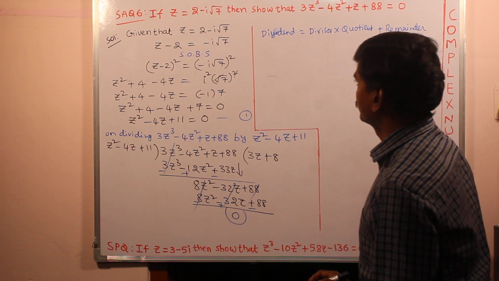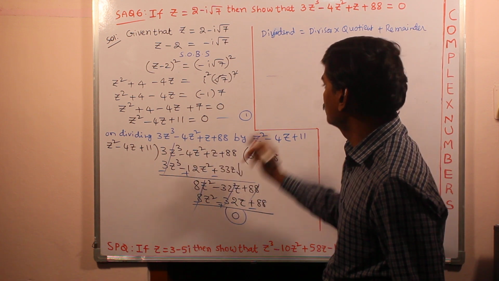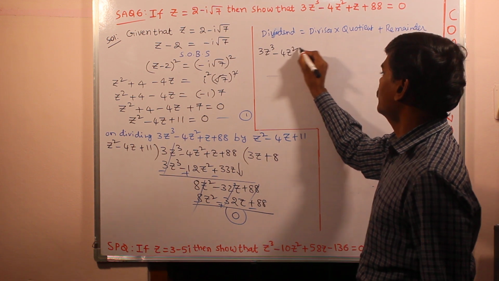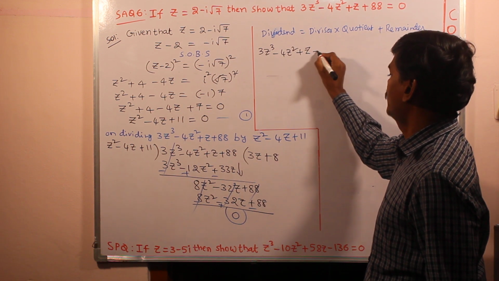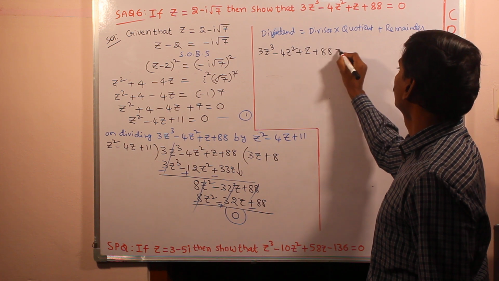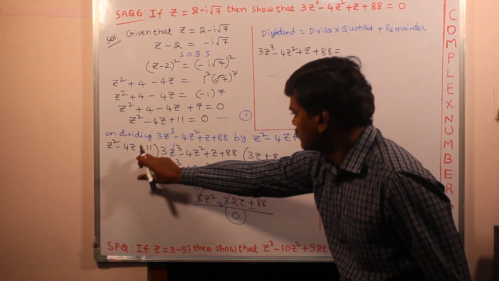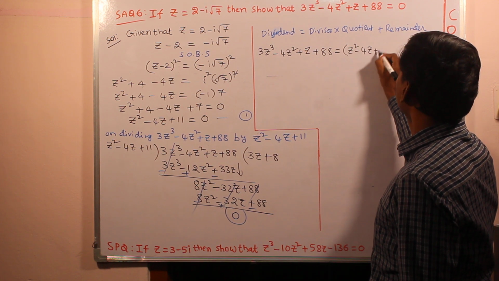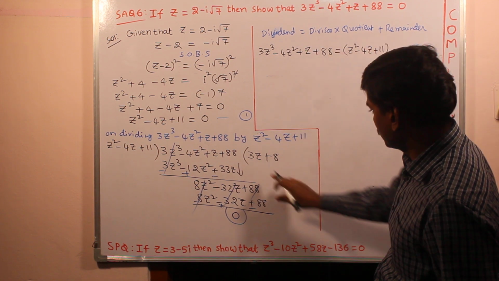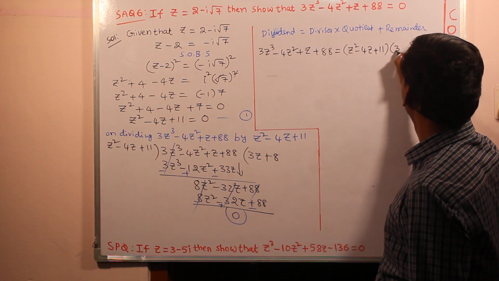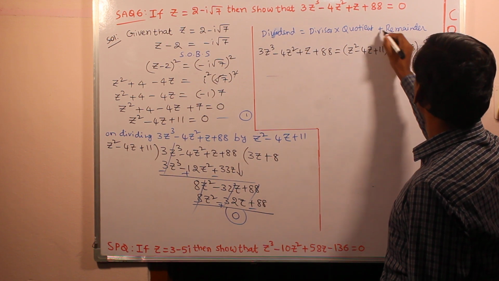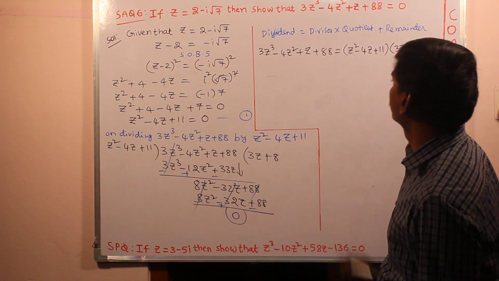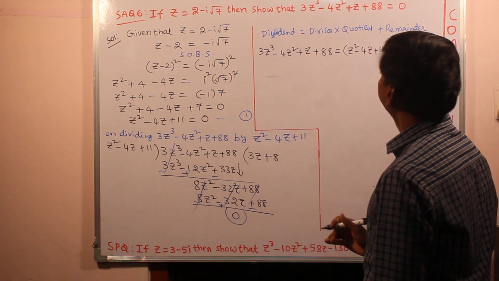Now substitute the dividend, this is your dividend: 3z cube minus 4z square plus z plus 88 equals the divisor, z square minus 4z plus 11, into the quotient, 3z plus 8, plus the remainder 0. We have substituted all the terms now.